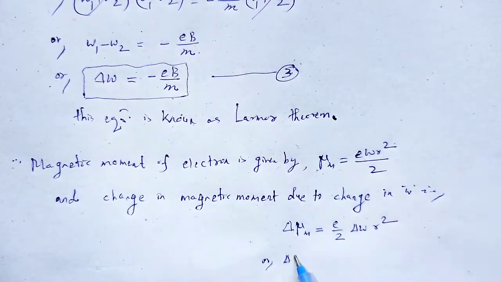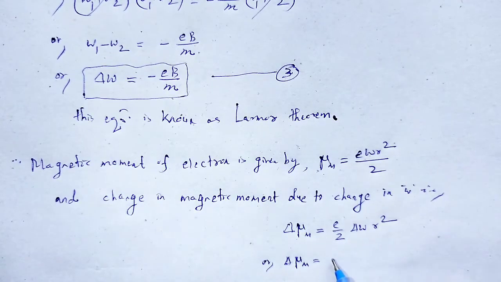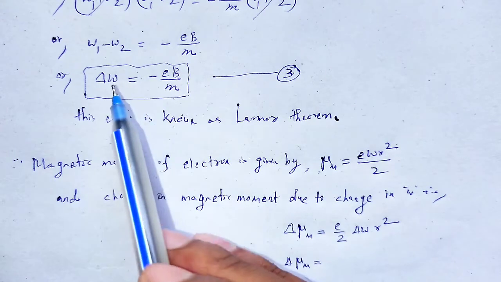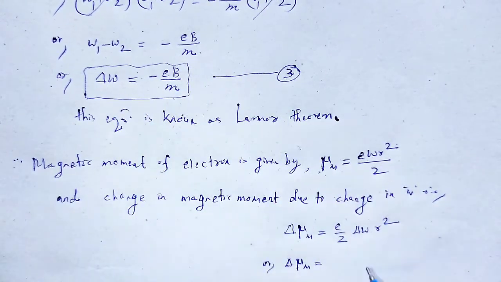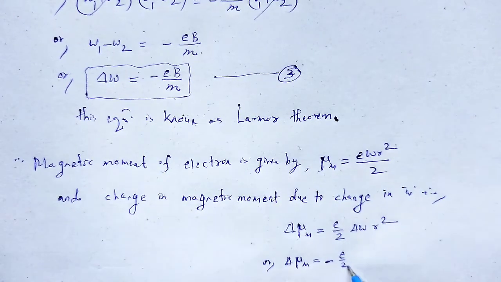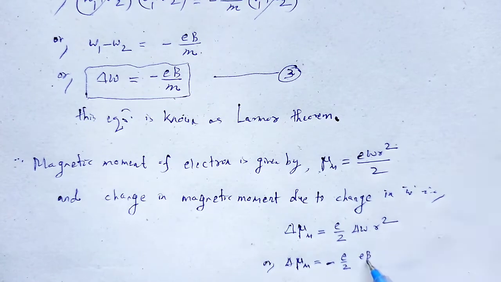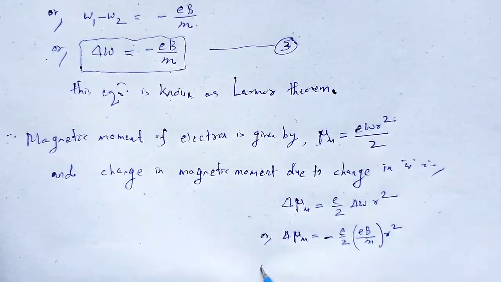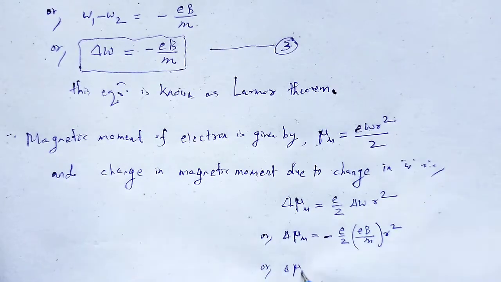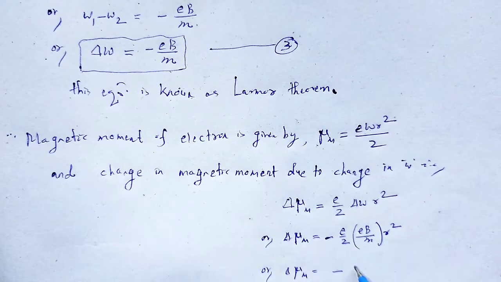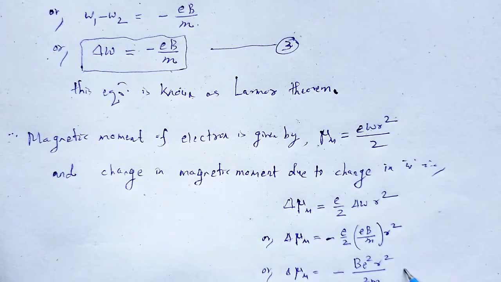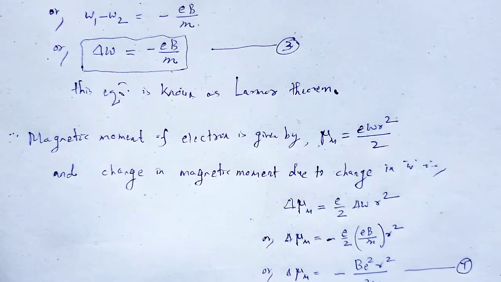The delta omega value is put here, so minus e by 2 into eB by m into r square, or delta mu m is equal to minus B e square r square divided by 2m. That is equation number 4.